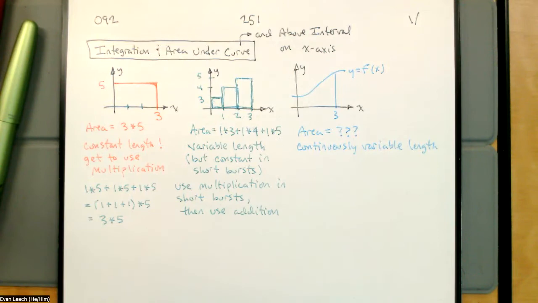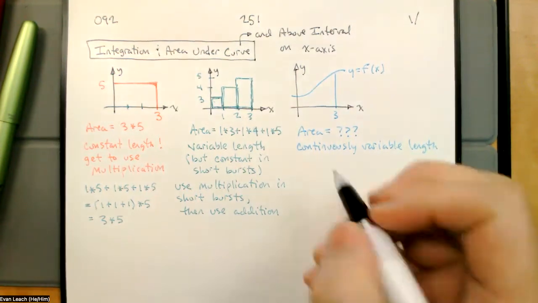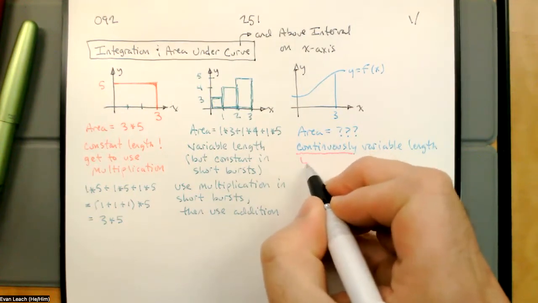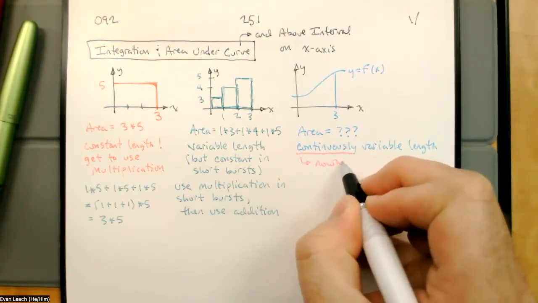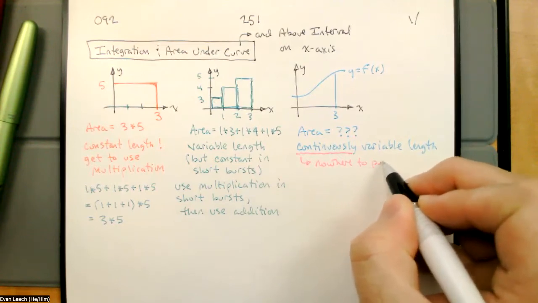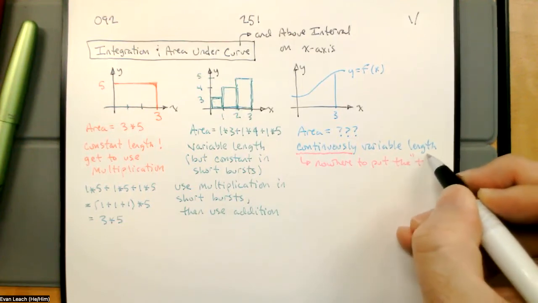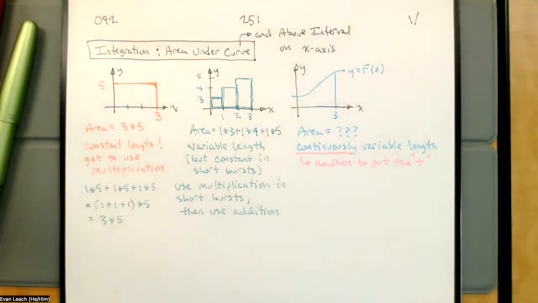I can't say add up all the values of the function because there's nowhere to put the plus signs. That's the problem with continuously. There's no next real number. So that's the problem that arises when we have continuously variable length. There's nowhere to put the plus sign.